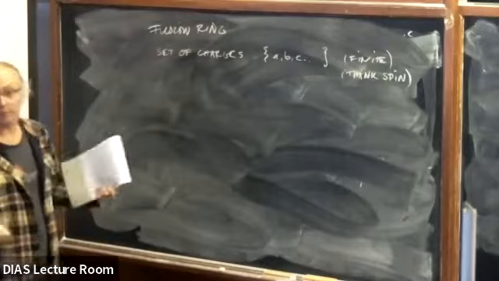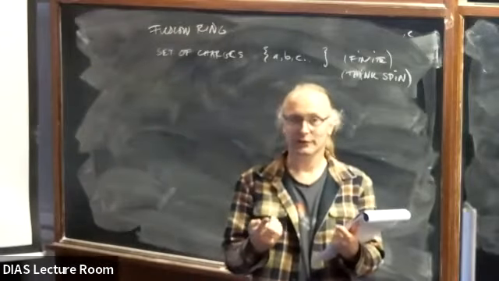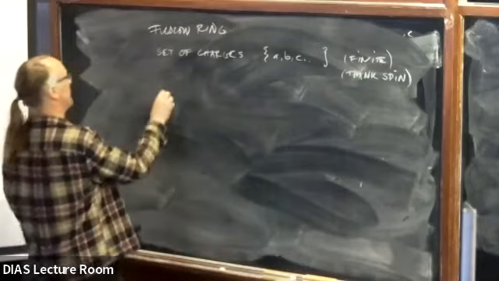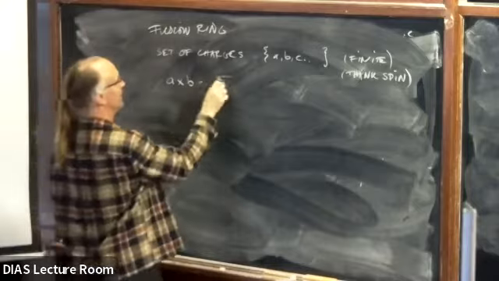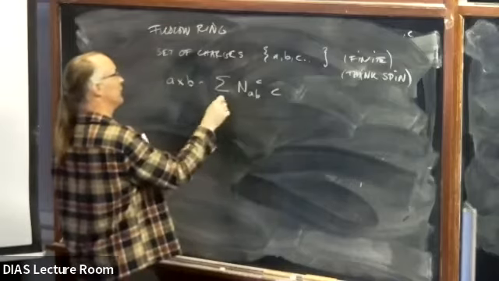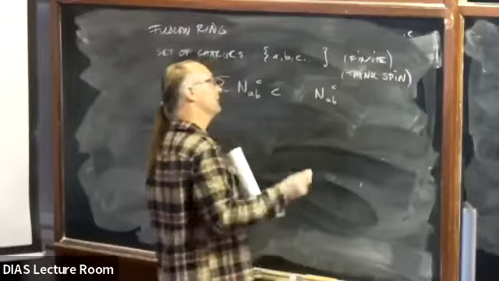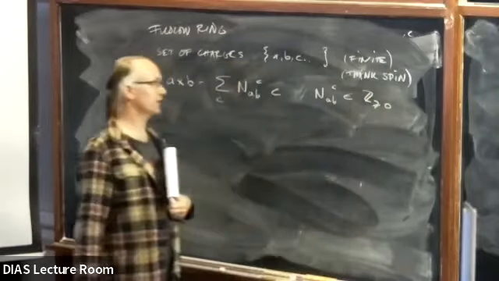And these charges can merge together, or at least if you have two of them sitting in your system, you can look at it from a distance and think, oh, overall the charge is something. So we indicate this fusion with a little cross and say A times B equals the sum over all possible charges C of N_AB^C times C, where N_AB^C is just some non-negative integer coefficient.